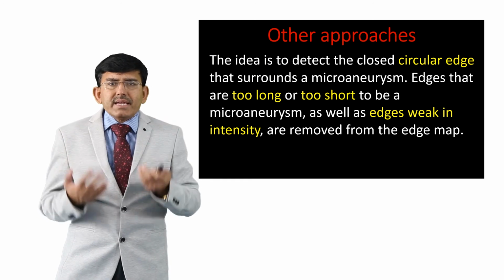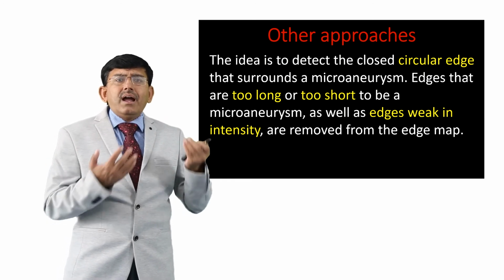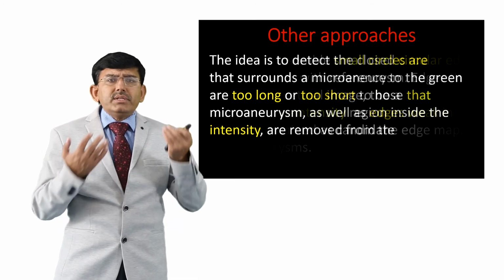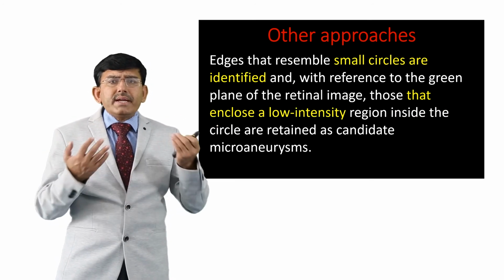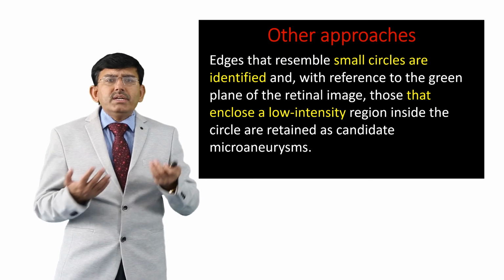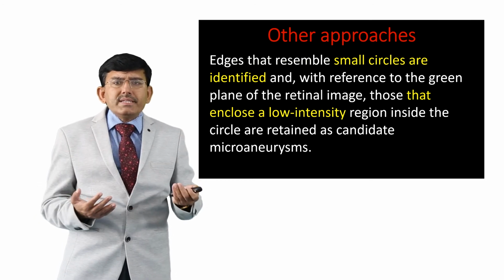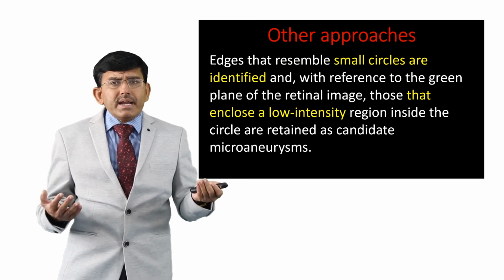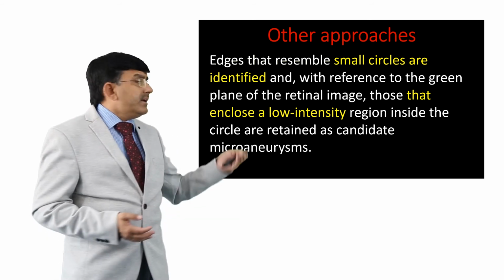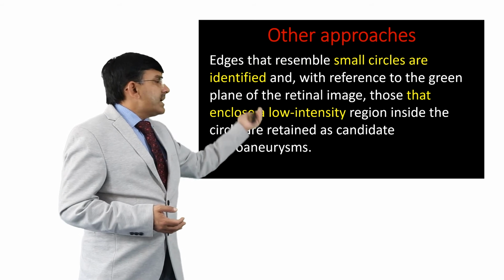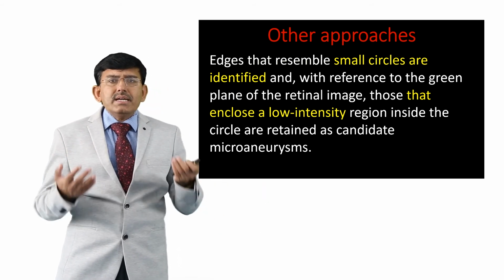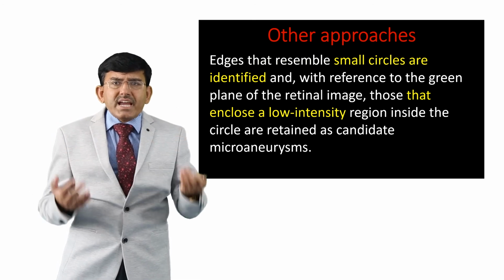Edges that resemble small circles are identified with reference to the green plane of the retinal image. Those that enclose a low intensity region inside the circle are retained as candidate regions of interest called microaneurysms. This still contains some false detections.